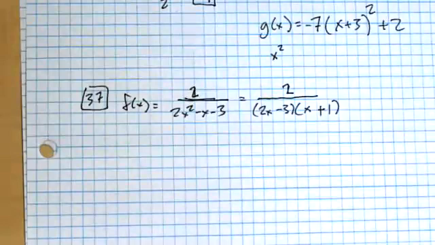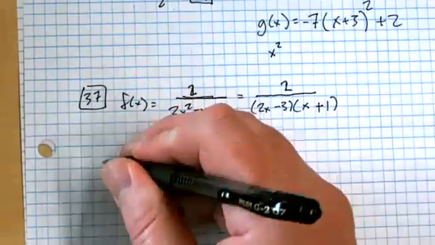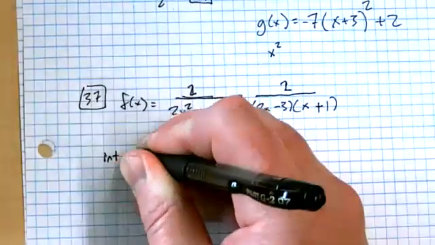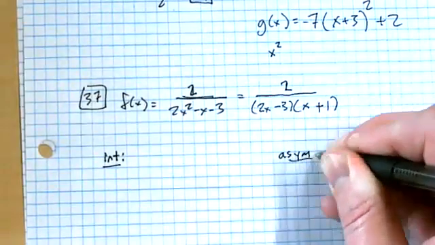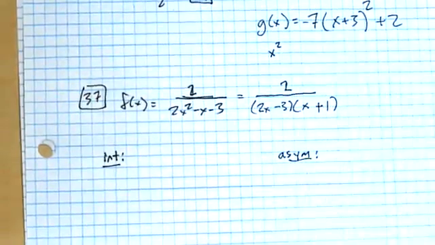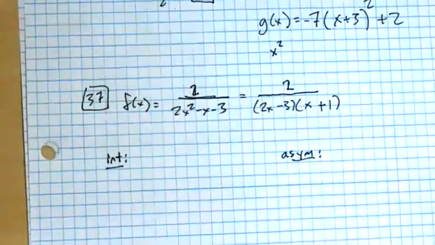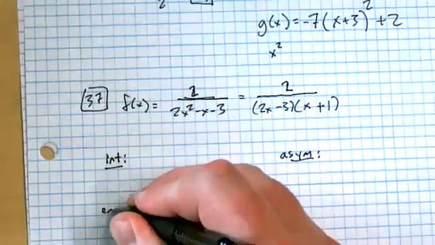So the way this would look on the test would be, I'd have a spot here where I'd say intercepts, and a spot here that would say asymptotes. Then I'd have a spot here that said end behavior.